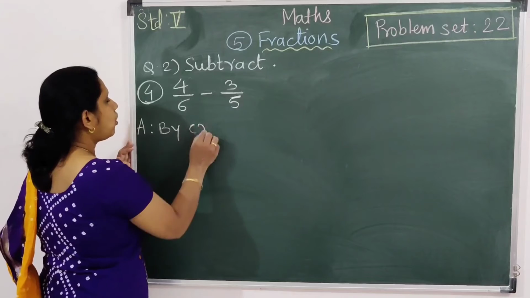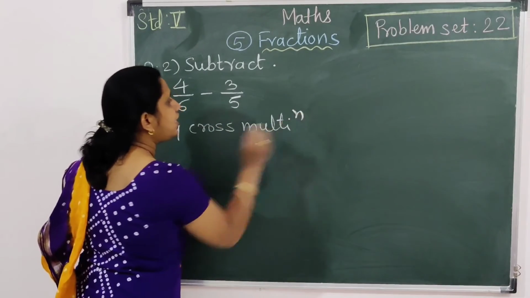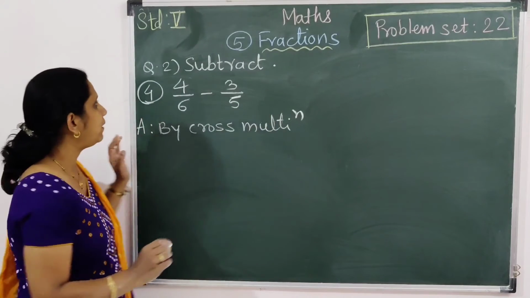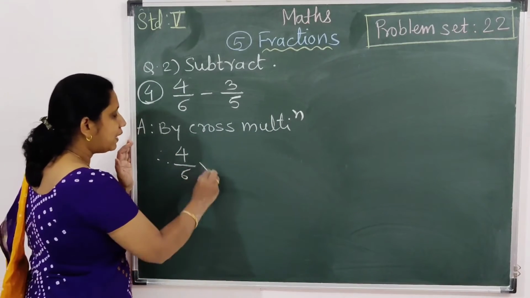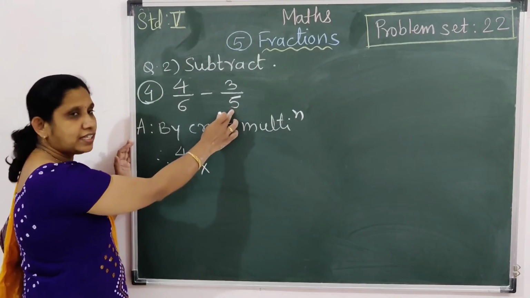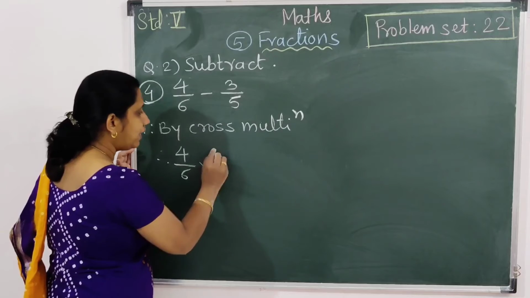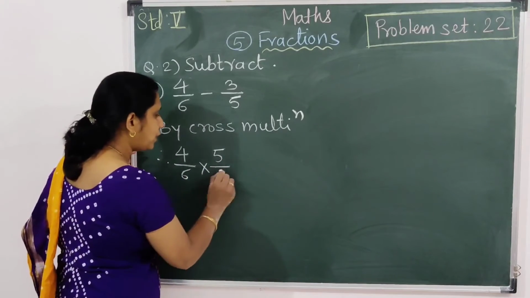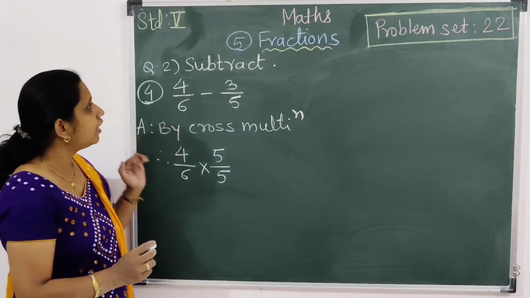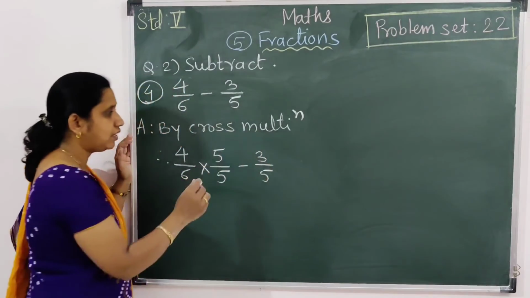Therefore, 4 upon 6 multiplied by, see the second denominator 5, using that we'll multiply here in the numerator by 5 as well as in the denominator also by 5, minus 3 upon 5, the second fraction.